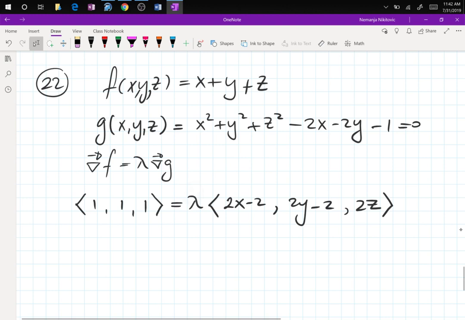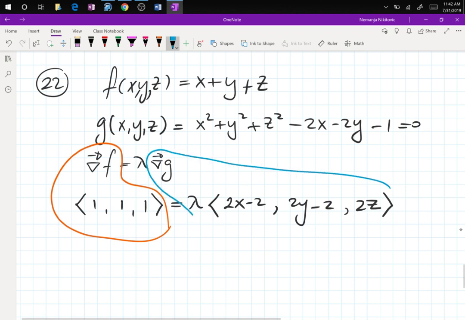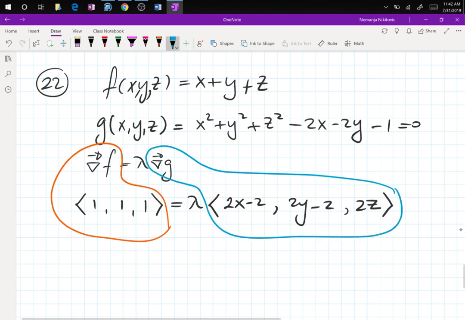Yes? That's this equation, when you take partial derivatives of each one of these. Del f, so I'm going to color code real quick. So del f is this, and del g, which are partial derivatives, and then lambda is lambda.